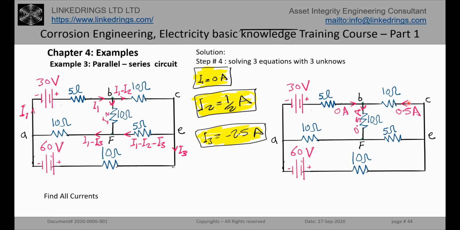So 0.5 ampere, but it is in this direction, as illustrated here. Okay, let's continue our process. I3 will be in the opposite direction, and it is 2.5 amps. This current is I1 minus I3, so minus I3 is 2.5 amperes.